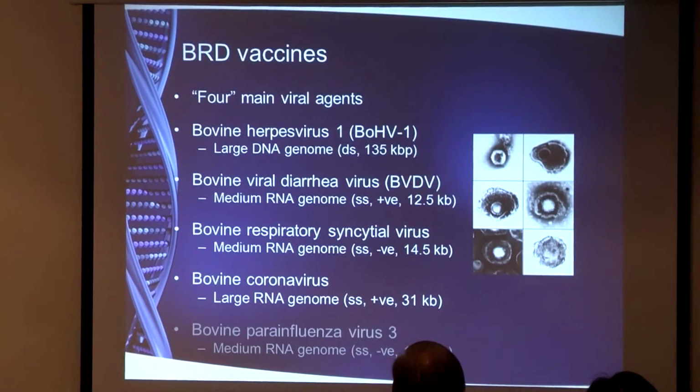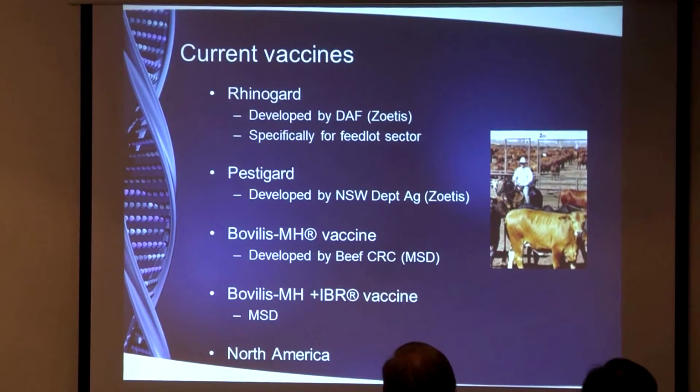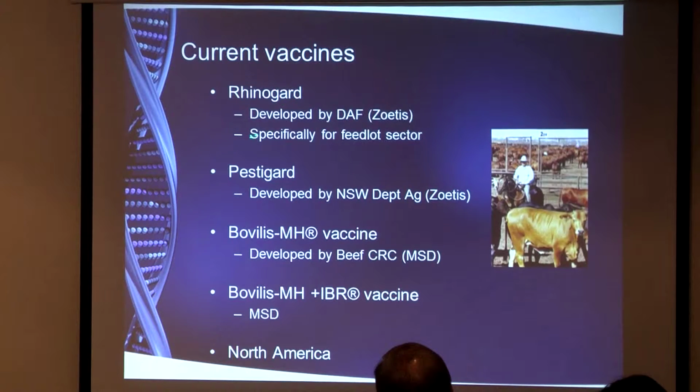And then bovine coronavirus, as I said, is the new kid on the block. So we have a relatively unique situation with respect to BRD in Australia in that the adoption of vaccinations for that is relatively recent. So Rhinogard, which came onto the market probably about 10 years ago, I suppose now, was developed by the Primary Industries Department in Queensland and is now sold through Zoetis.